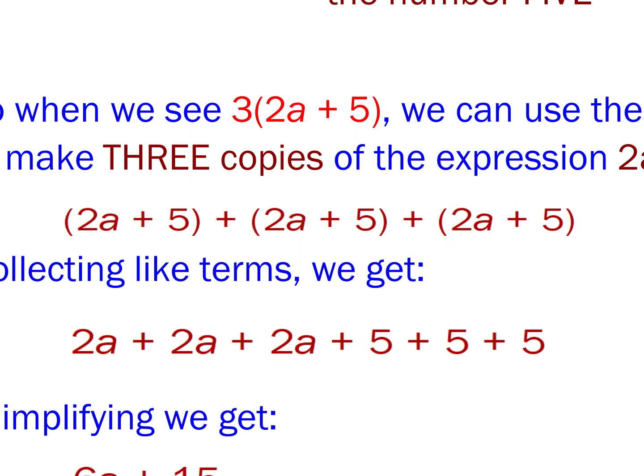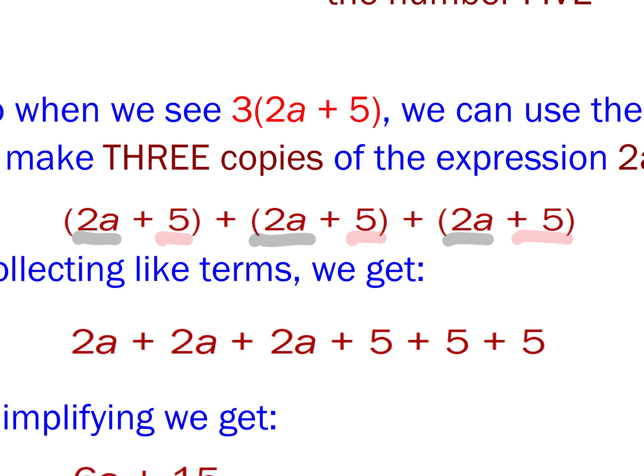So when we have 2a plus 5 plus 2a plus 5 plus 2a plus 5, we use the same thinking that we used when we combined our like terms. We identify our like terms, so 2a goes with 2a, goes with 2a, 5 goes with 5, goes with 5.